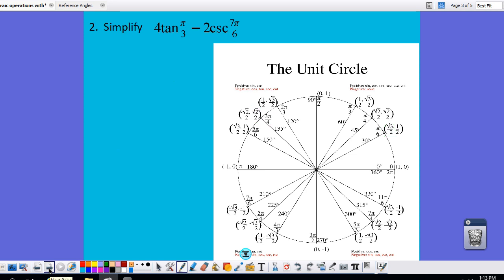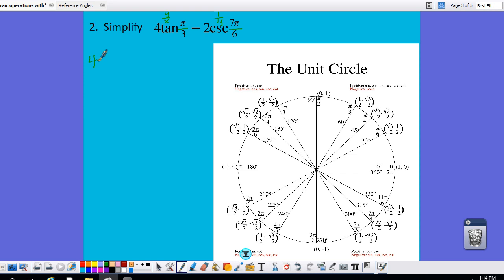All right, this next problem starts out as 4 times tangent of pi over 3 minus 2 times cosecant of 7 pi over 6. So tangent is going to be the y value over the x. Cosecant is the reciprocal of sine, so it's going to be 1 over the y value.